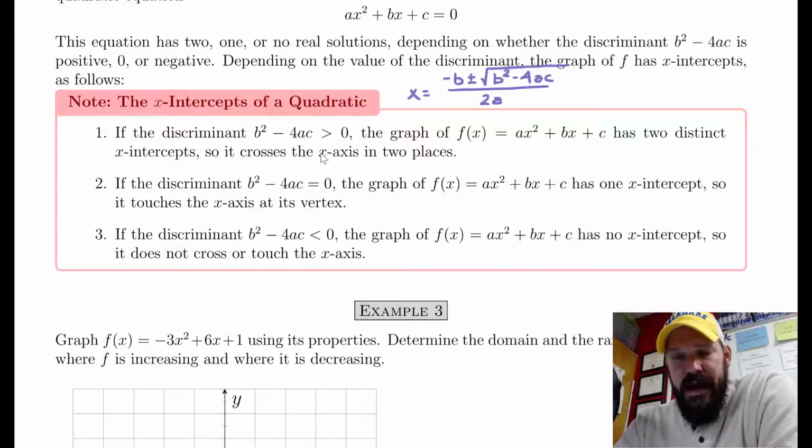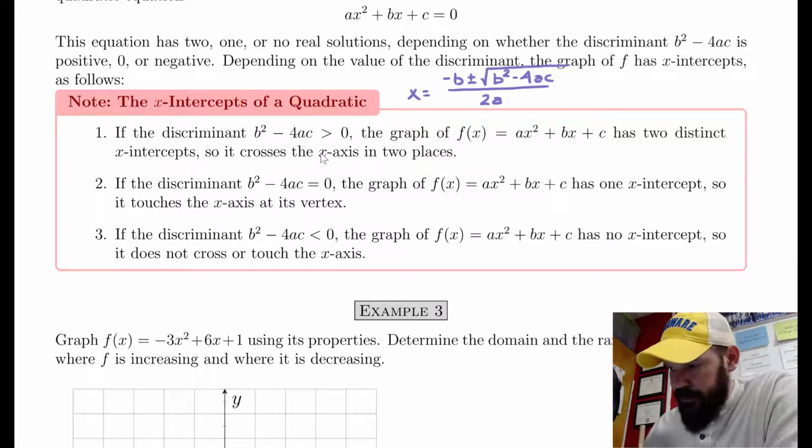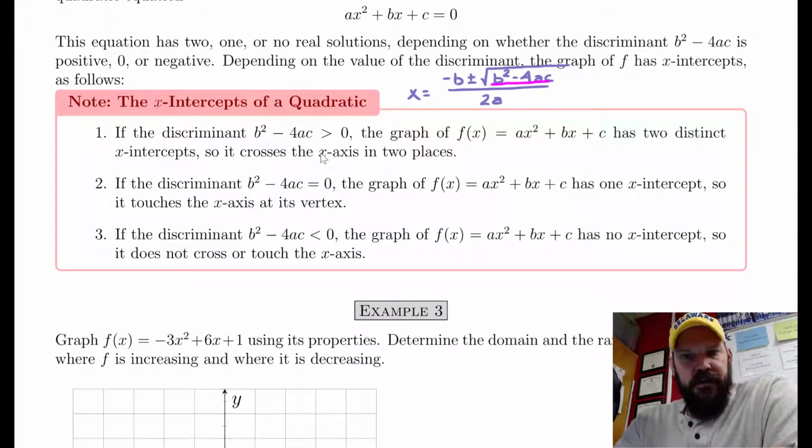And we can determine how many zeros that graph has by looking at the discriminant. The discriminant is simply what's underneath the radical. If that discriminant is positive, then we have two x-intercepts that are not equal to one another.